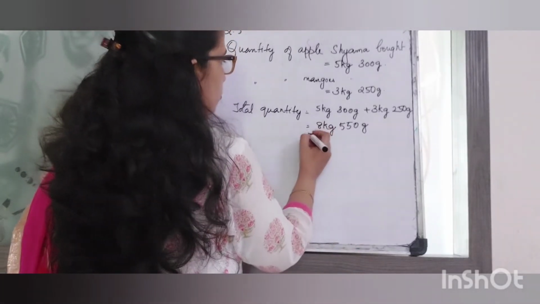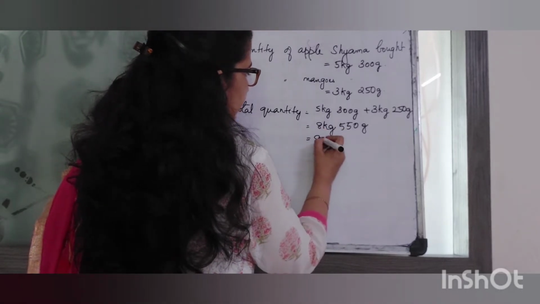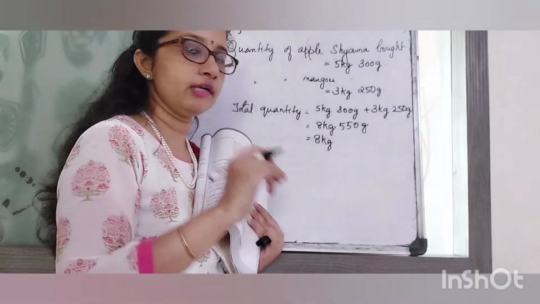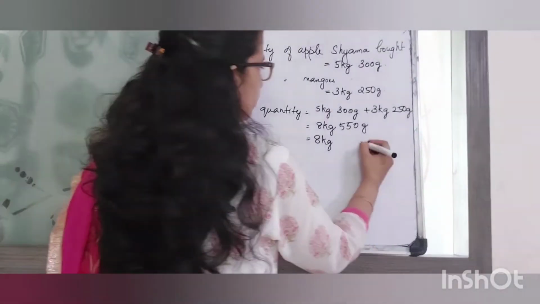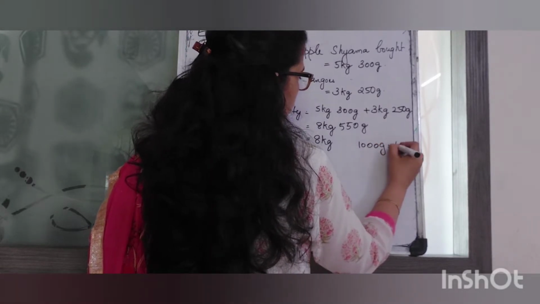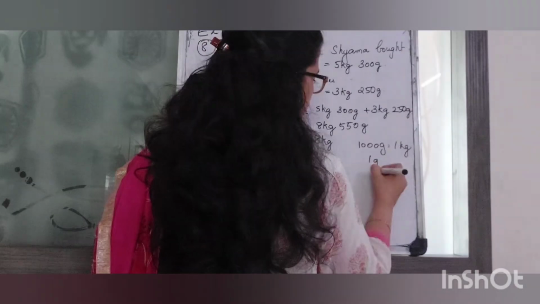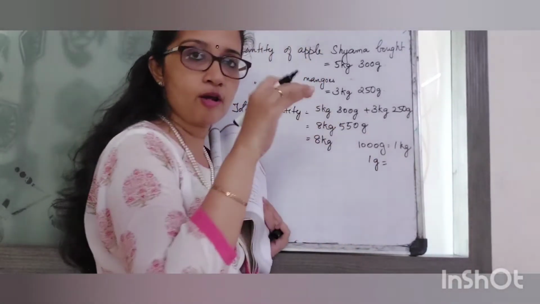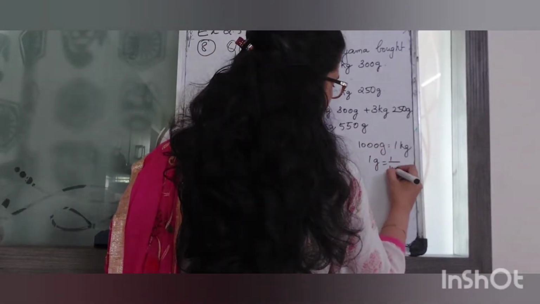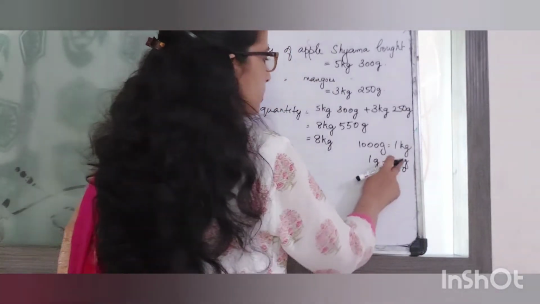Okay. Now we have to convert this into kilograms. So we have 8 kilogram, and 550 grams we have to convert to kilograms. So how can we convert it? We know that 1000 grams make 1 kilogram. So 1 gram, after cross multiplying we will get the answer 1 by 1000 kilogram.